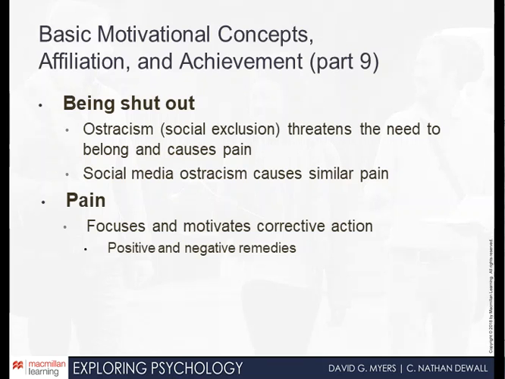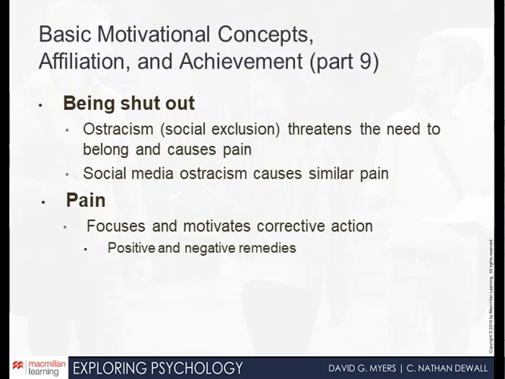Therefore, being shut out, or ostracism, also social exclusion, threatens the need to belong and causes us pain. We don't like it. Social media ostracism causes a similar pain. When groups of your former friends start to unfriend you on social media sites, it can cause some discomfort. You're being rejected. You're being shut out.